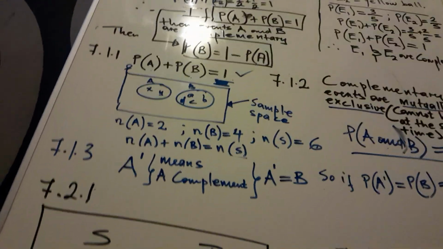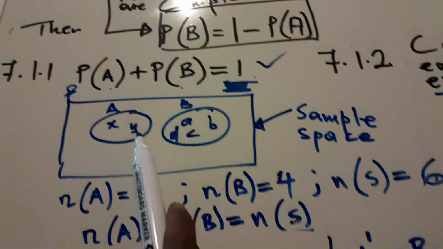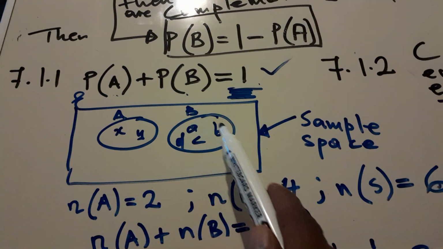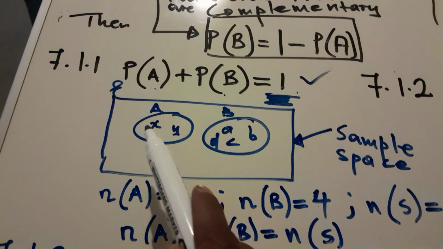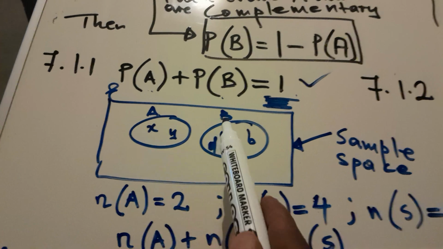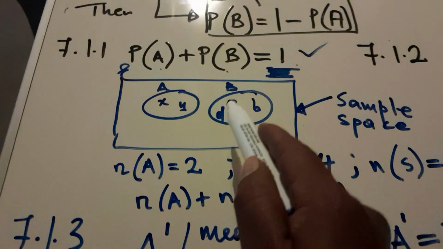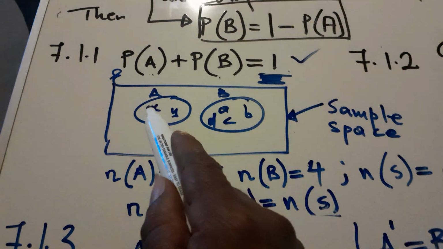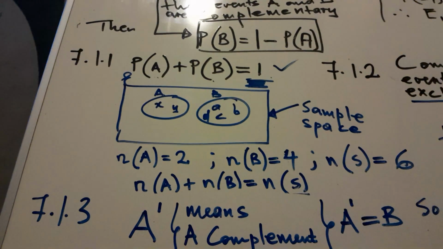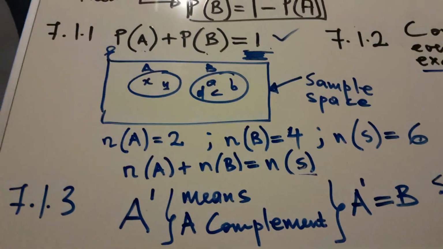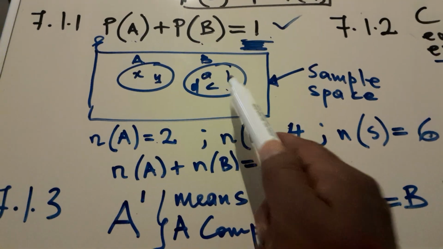Then, just to illustrate that, I have a Venn diagram here showing set A and set B. These are totally mutually exclusive. They cannot happen at the same time. Why? There's no common outcome between them. In other words, there's no intersection between the two sets for event A and event B. And again, you should take note that the number of elements in set A is 2, in set B is 4.